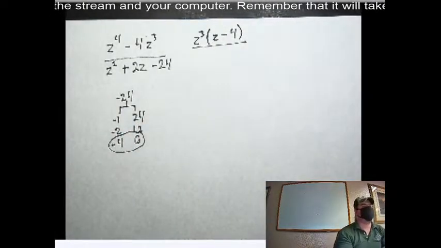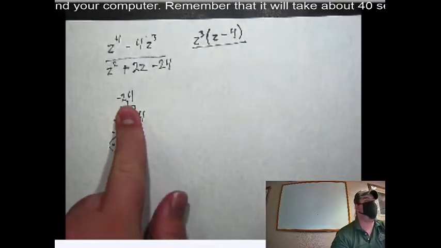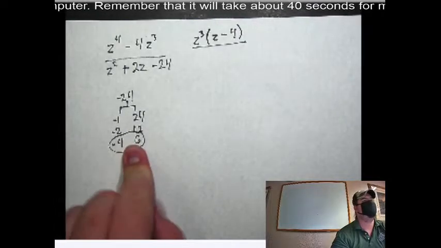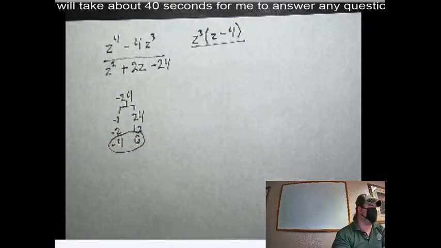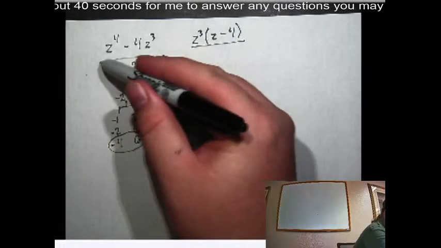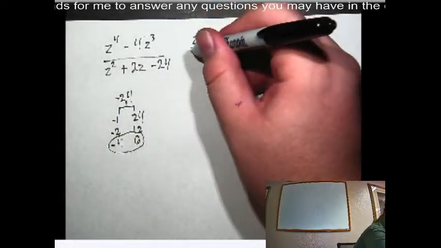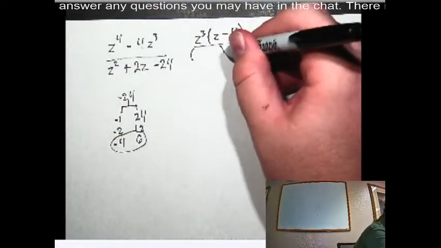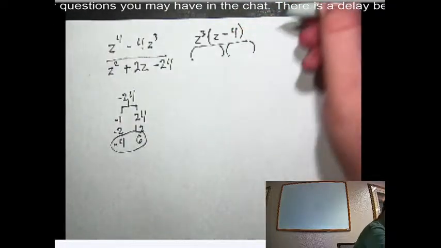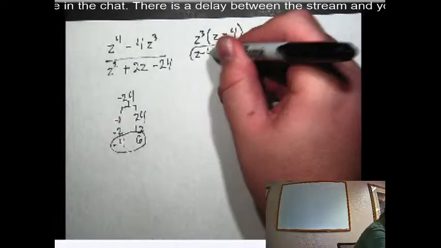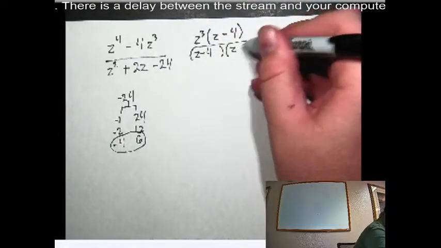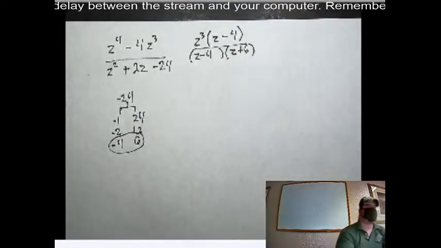So negative 4 and positive 6 will multiply to get negative 24, but we'll also add to get positive 2. So again, we can use our shortcut method here since we have a leading coefficient of positive 1. So what are our two factors? Z minus 4 and z plus 6. Excellent.